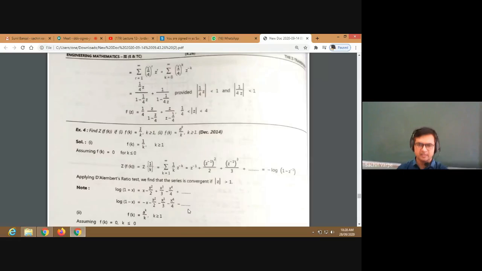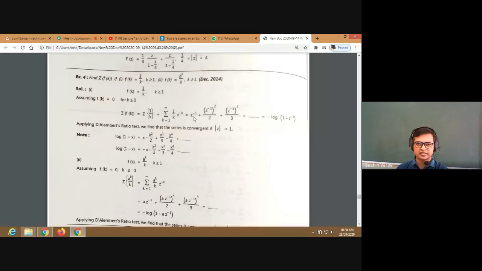Okay, here they have given the standard series expansions. With the help of this, we are getting this. So what is the Z transform of f of k given? This is the Z transform, or I can say minus log of 1 minus z raised to minus 1 is the simplified Z transform in mod z greater than 1.